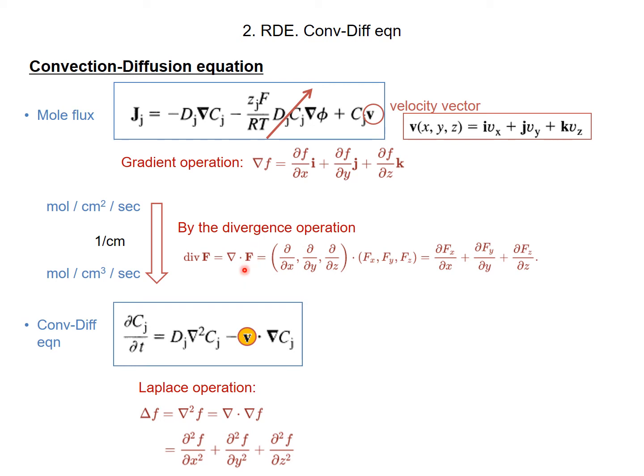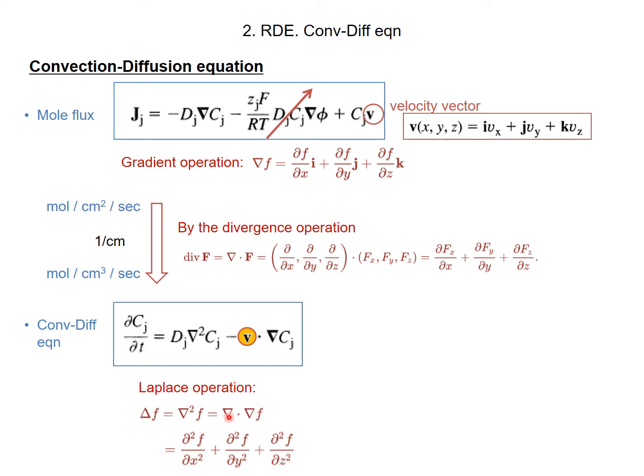And also in the mole flux equation, we have the gradient of concentration. After the divergence operation, this term is going to be the Laplace operation of concentration. What is the Laplace operation? The Laplace operation is the divergence of the gradient of the function.